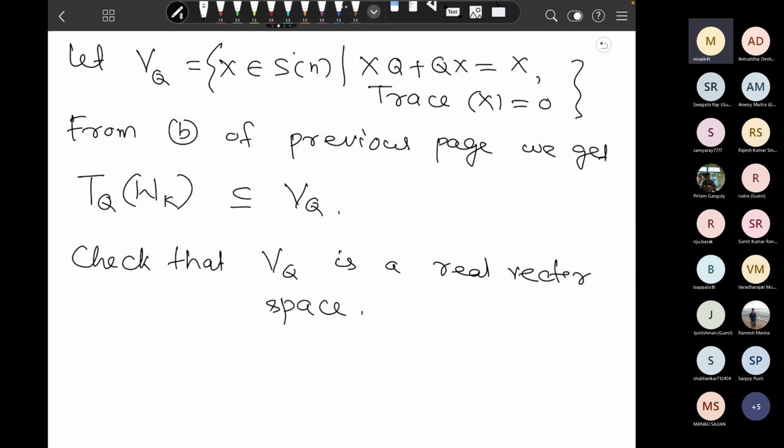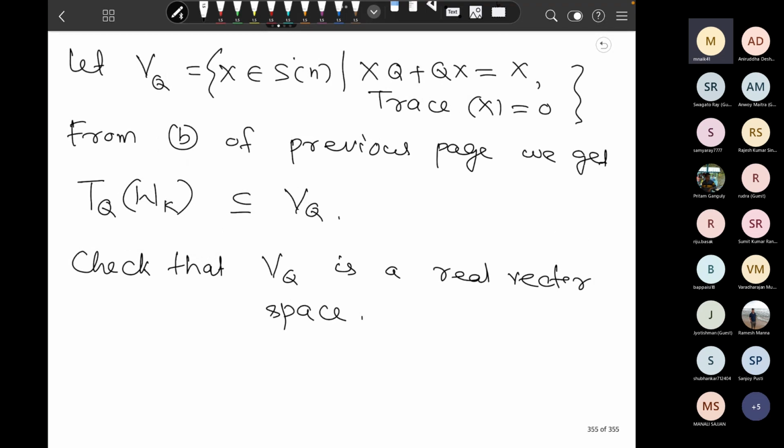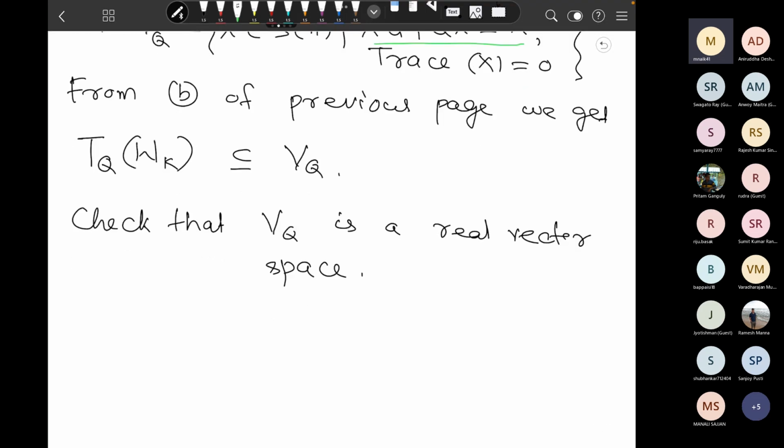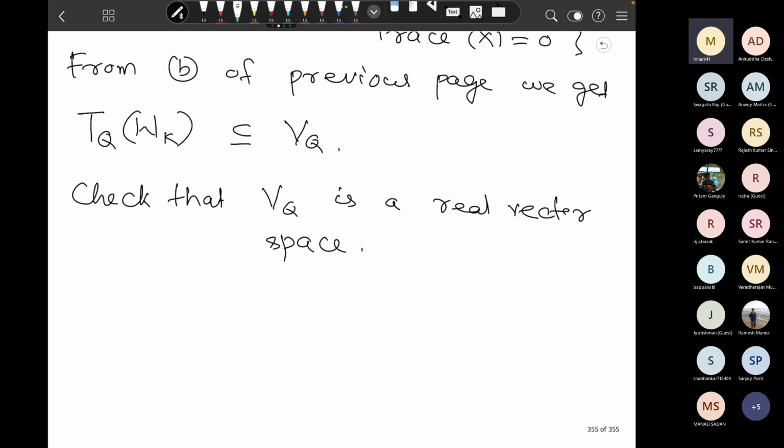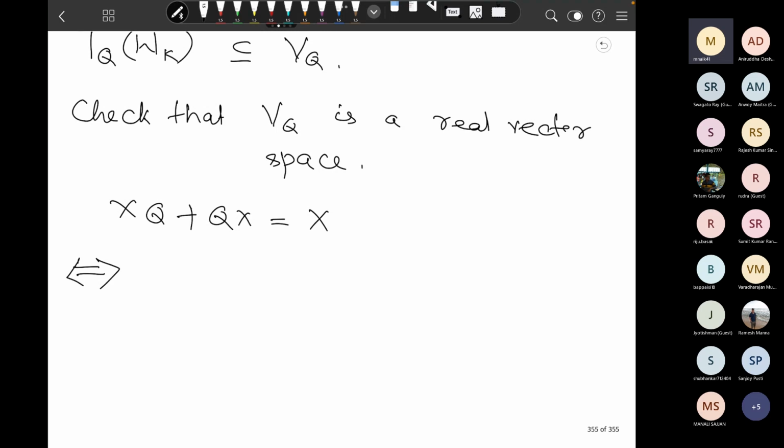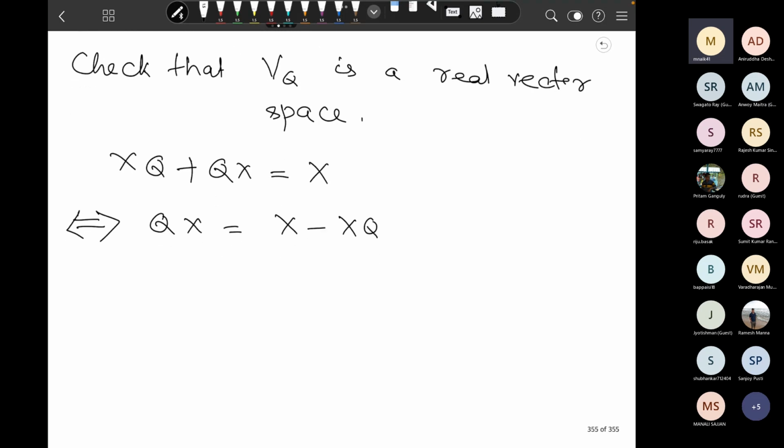Now let us see what this condition XQ plus QX is equal to X means. So QX is equal to X minus XQ, which you can take as X into (identity minus Q).